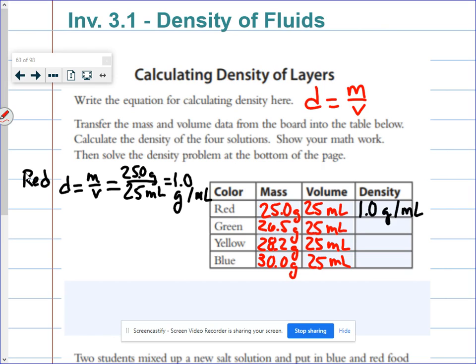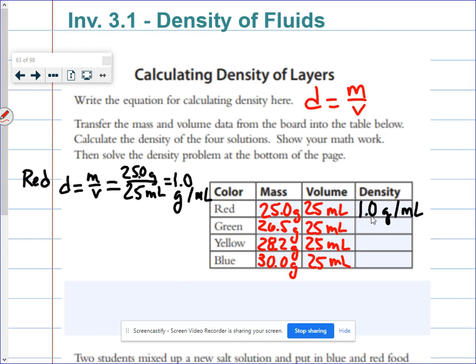All right, so now I would like you to take some time. I'm going to have the instructor pause your video here so enough people get some time to get most of these done. I need you to figure out the density for green, yellow, and blue. Set it up the same exact way. The only thing that's different is your mass each time, but everything else is the same.